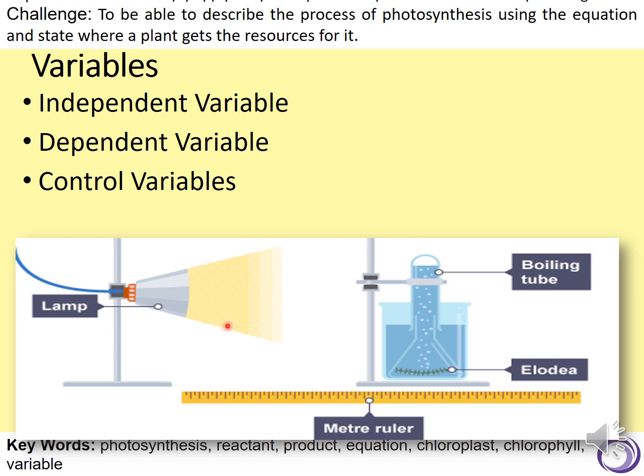Let's just say for a start that we can move this lamp closer and further away from the pondweed. The more light that we put onto the plant hopefully should increase the amount of photosynthesis. So the closer the plant to the light, or the closer the light to the plant, the faster the rate of photosynthesis.